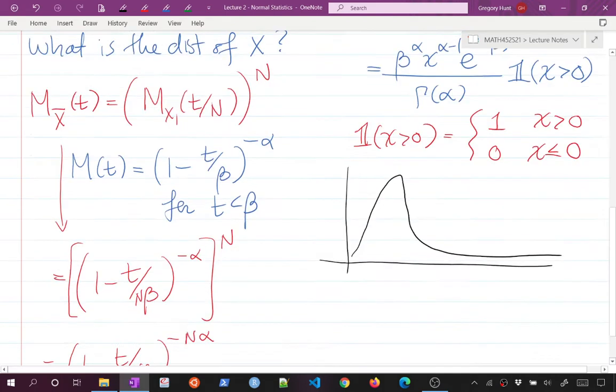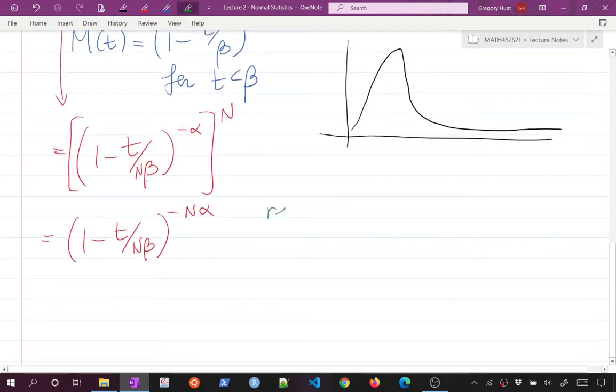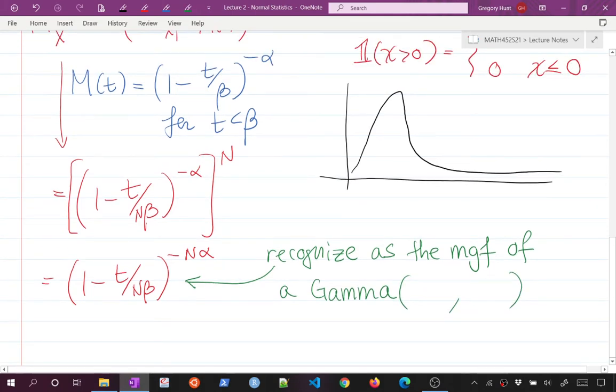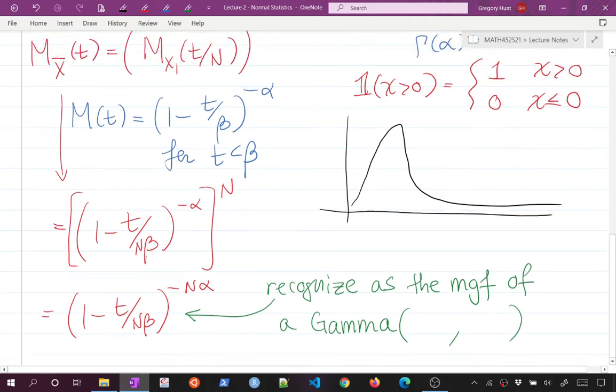However, we might be able to recognize this as the MGF of another gamma distribution. We just need to specify what the parameters of the gamma distribution are.